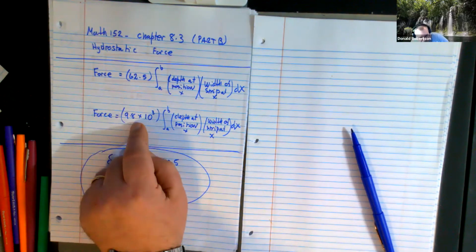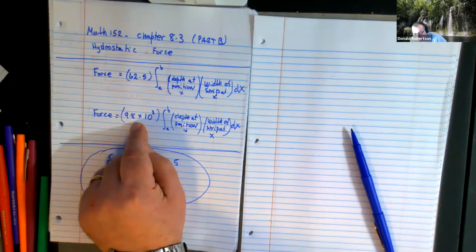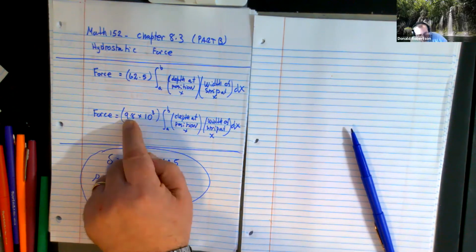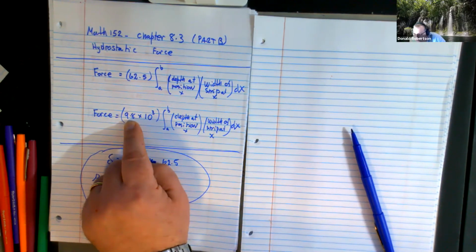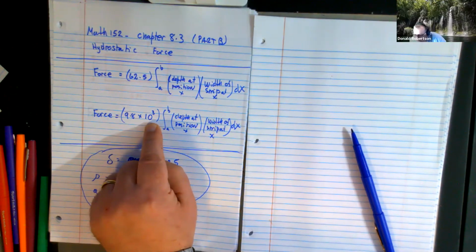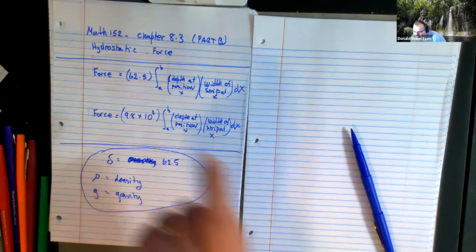If you go like the rest of the universe, you go metric. Okay, the number's not as pretty. In fact, the number's split into two. Do you know where the 9.8, 9.81 comes from? Force of gravity. Yep. Do you know where 10 to the 3 comes from? And we're talking kilograms and meters now.